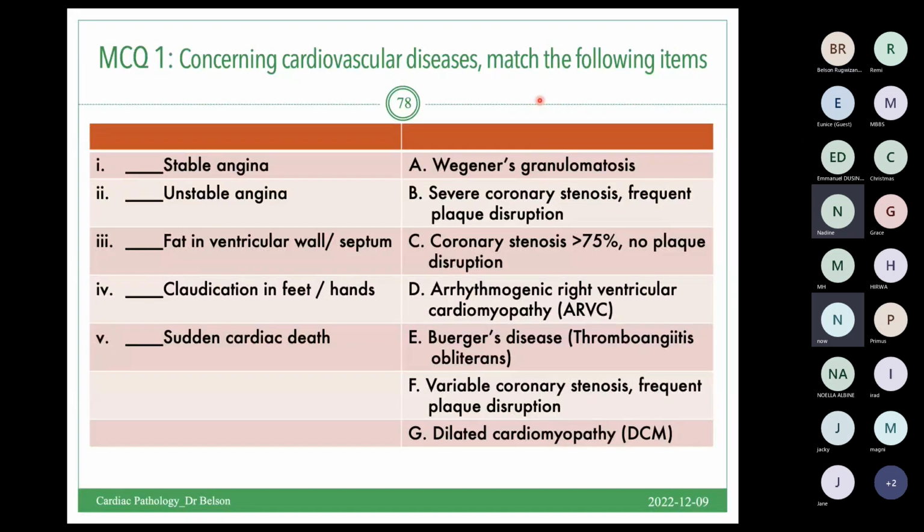B, for severe coronary stenosis, frequently plaque disruption. Okay. There are things we have not seen here, but we have to know also. So if there is fat in the ventricular wall or in its septum, what will be the consequences, or what can we connect from this right side?